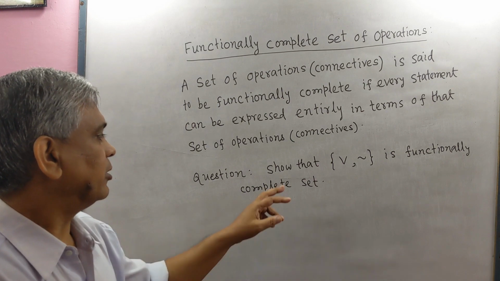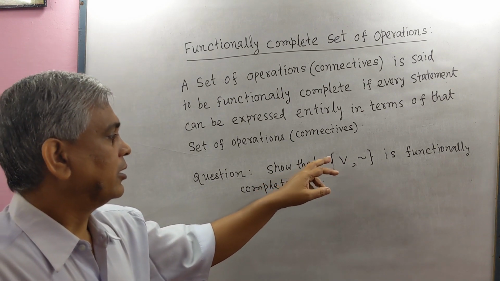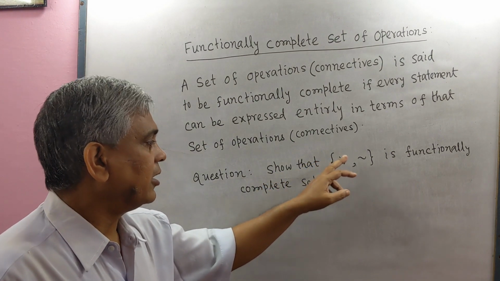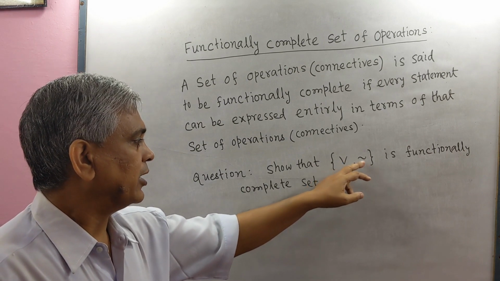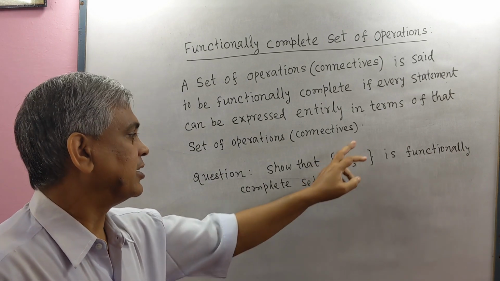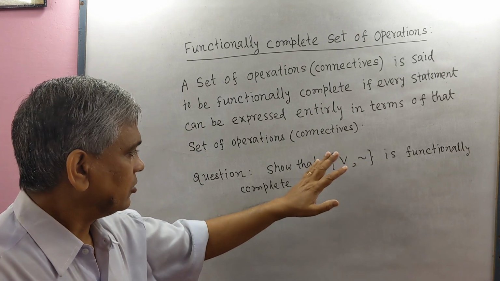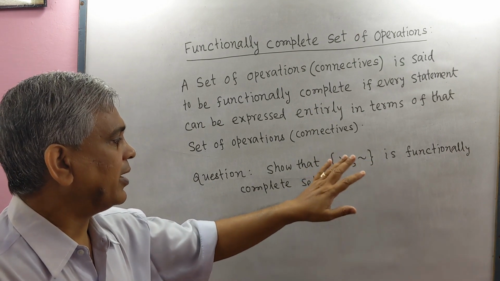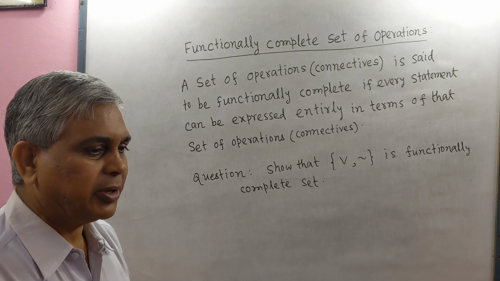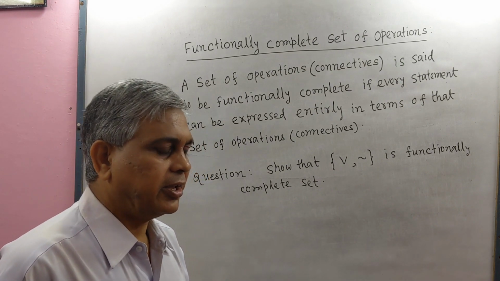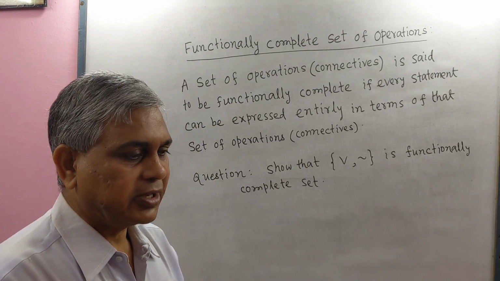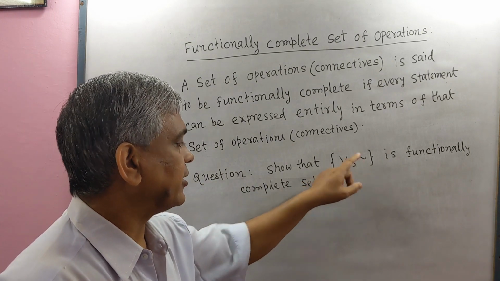For example, disjunction and negation, these two connectives make a set. This set is a functionally complete set. That means we may express the remaining connectives in terms of these two connectives.